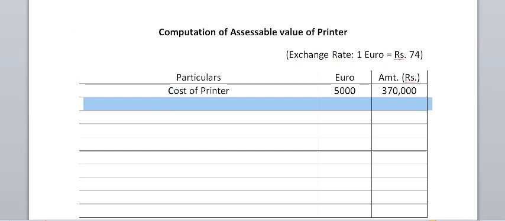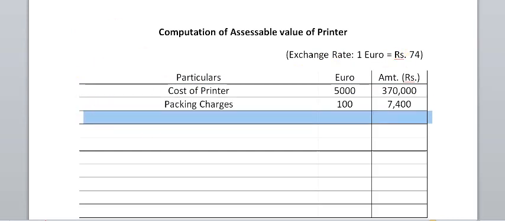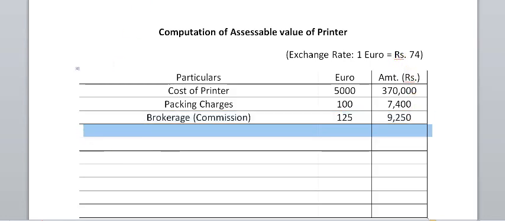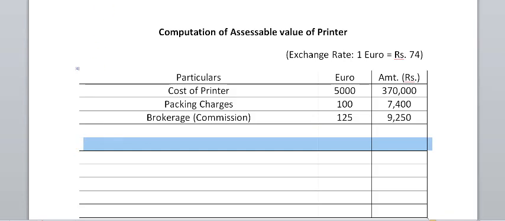Next, packing charges 100 into 74, 7,400. Next, brokerage given to the agent, the commission paid by the exporter, 125 into 74. So we get the FOB price 5,225, 3,70,000 plus 7,400 plus 9,250.